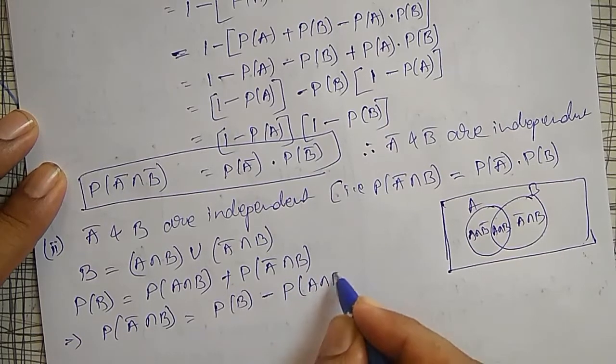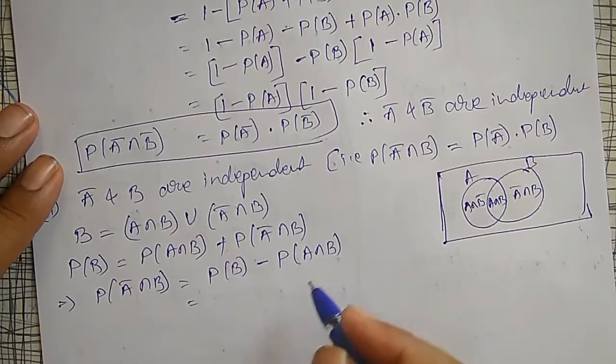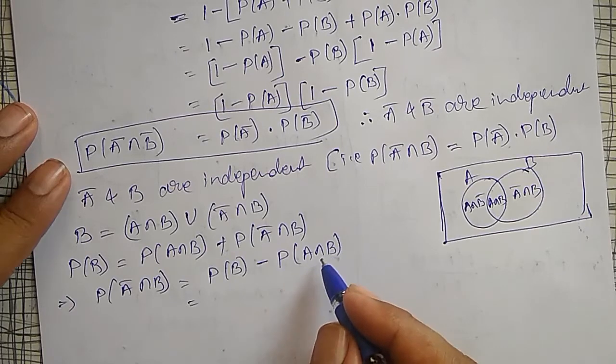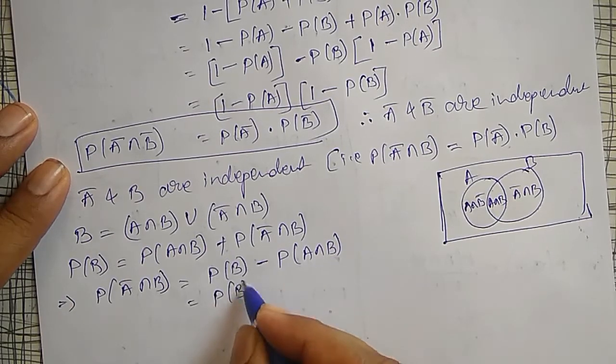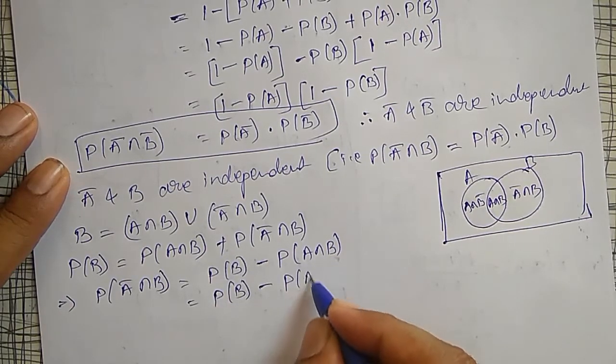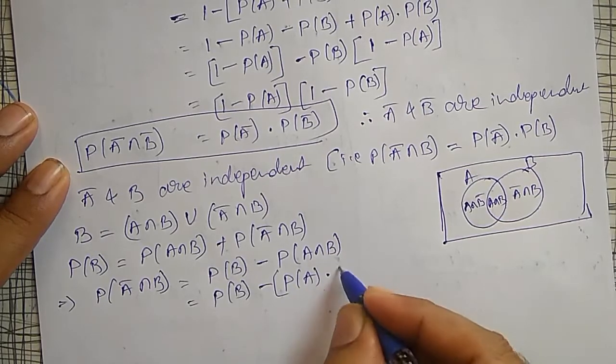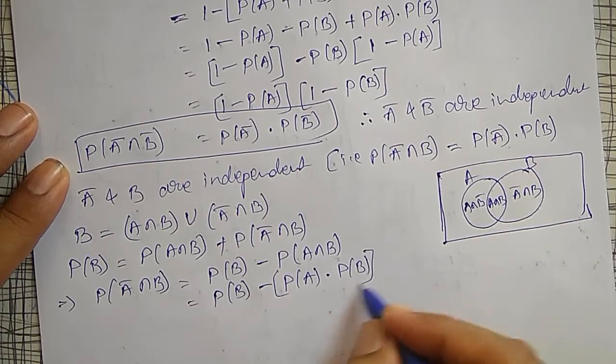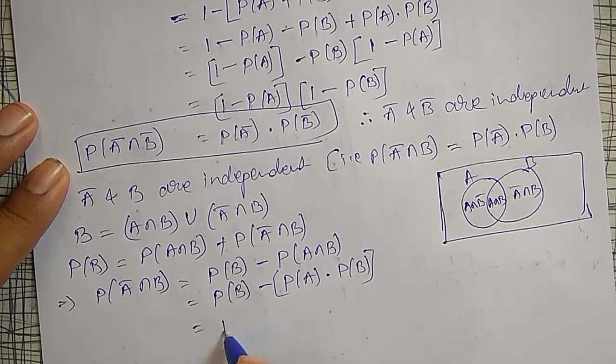But what is probability of A intersection B? A and B are independent. Therefore, I can write it as probability of A into probability of B. From these two, probability of B I can take common.